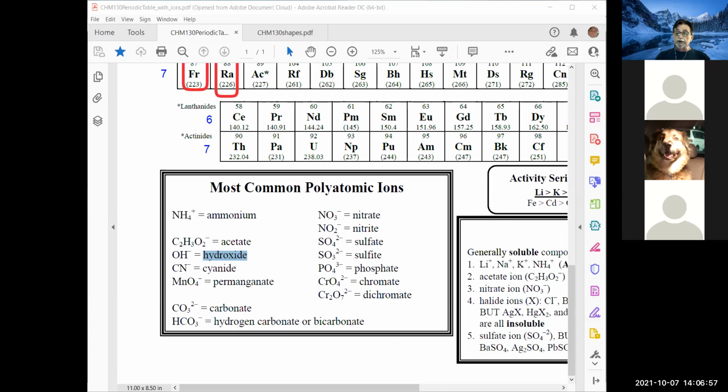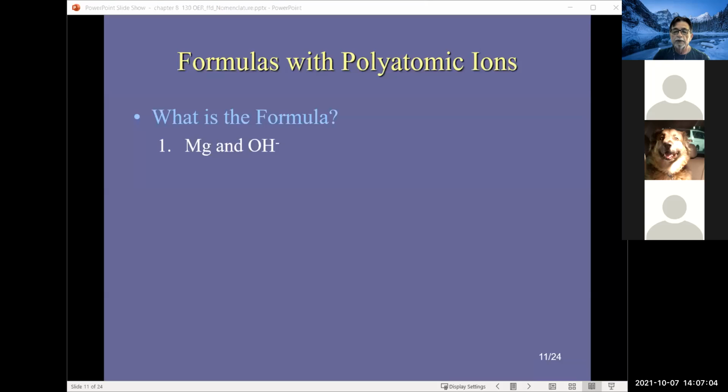No different than what we've been doing, the first thing is to write the metal, put everybody in ionic form. So magnesium, we know, oh, let me change the color, it's hard to see that one. Magnesium's oxidation number is +2, it's in group 2. The hydroxide is given to you, it's got a -1, it's one of the polyatomic ions.